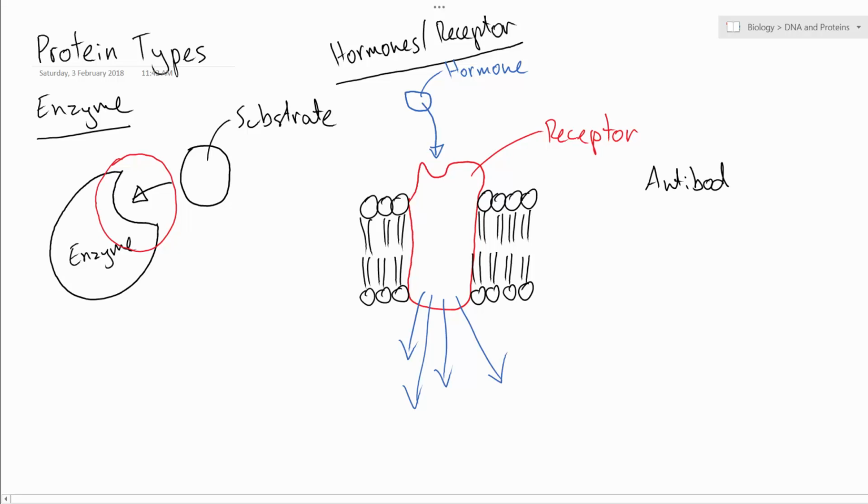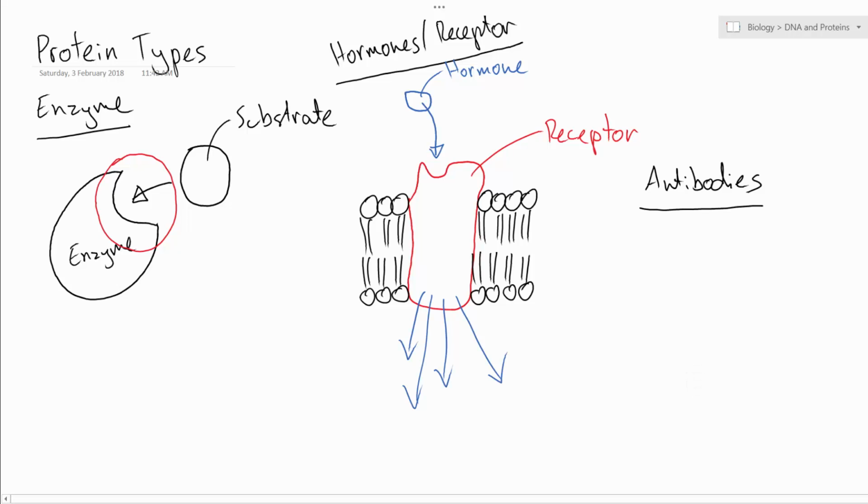Now, antibodies are these structures that are able to bind to antigens, which are other structures on the outside of pathogens, so things which might try and damage us and harm our body. Antibodies bind to these particular antigens and then neutralize them, so neutralize harmful things like viruses, bacteria that might be entering into our cells, entering into our body and trying to infect our body and infect our cells.